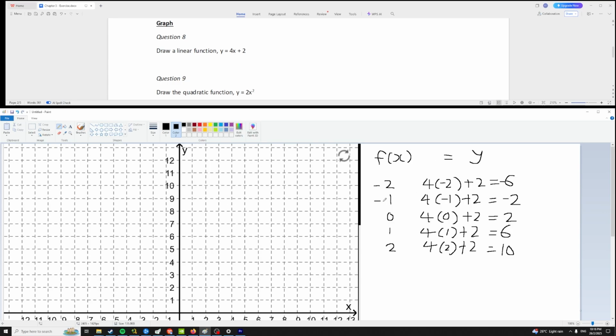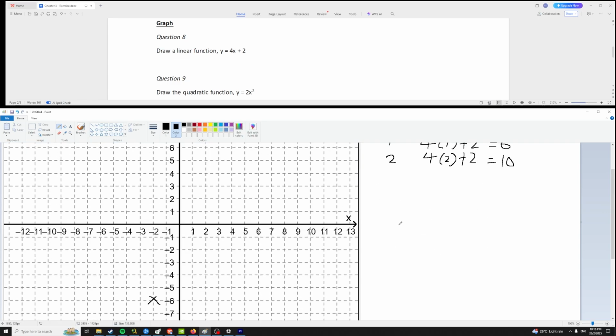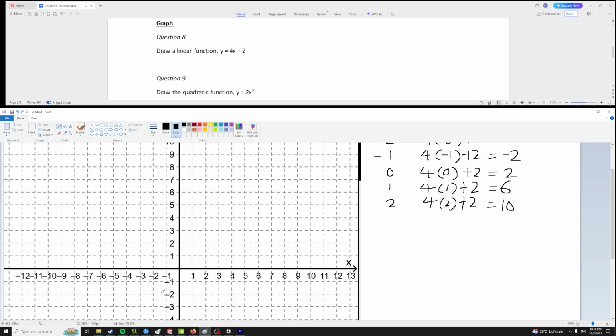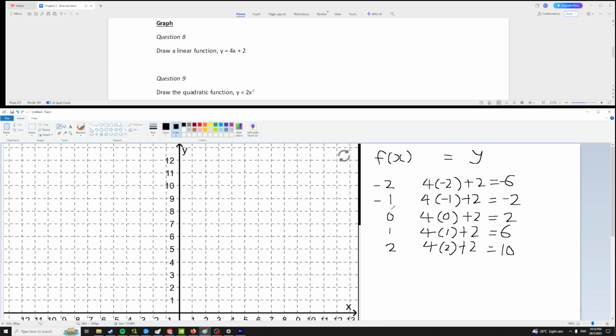Then the next one is -1, -2. So when x is -1, y becomes -2, so it's here. If x is 0, y becomes 2, so it is here.